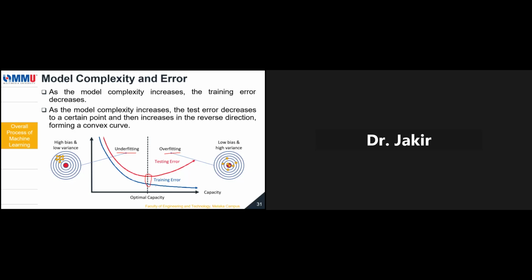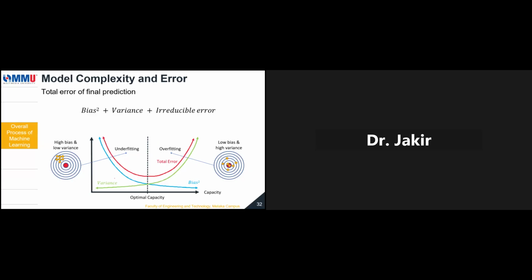After that, the testing error is increasing here, although the training error is still decreasing. At the point where the testing error starts increasing, we call this overfitting. So this side is overfitting, that side is underfitting, and in this area we have the optimal capacity.